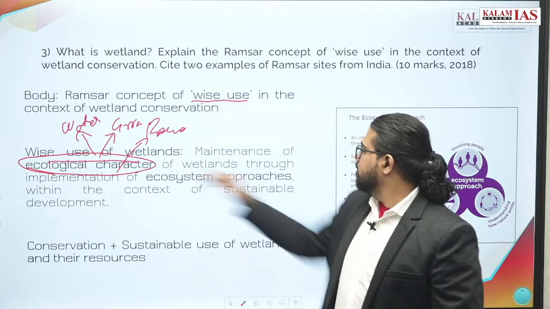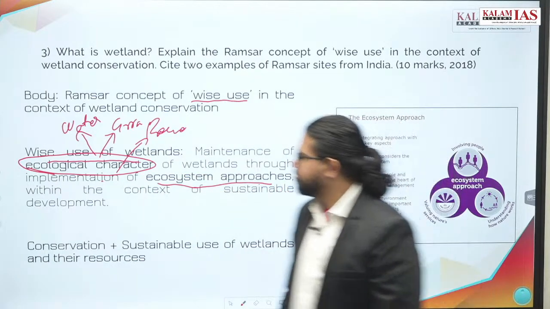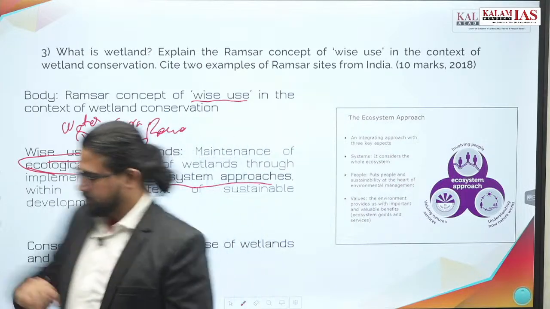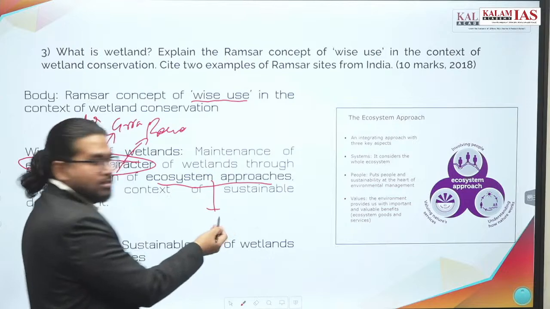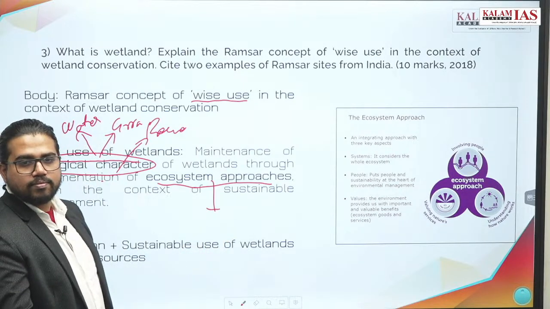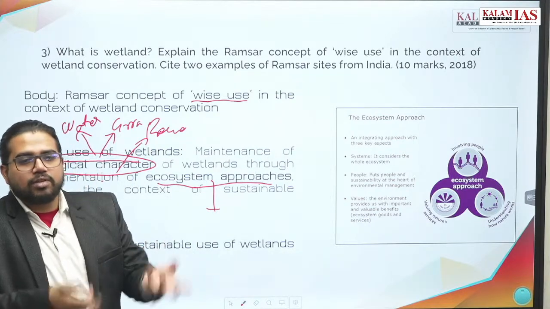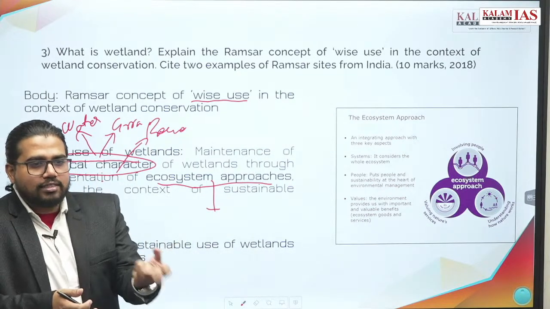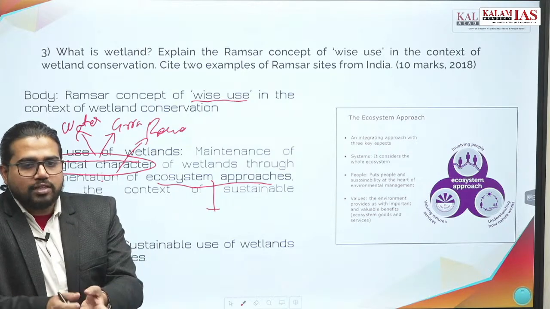What else? Through implementation of the ecosystem approach. What is the ecosystem approach? What is an ecosystem? So many stakeholders are there: life is there, water is there, land is there, human beings are there, other life forms are there.